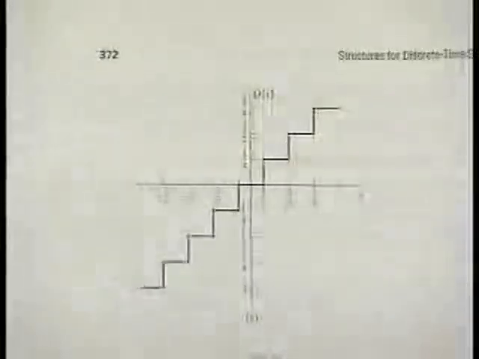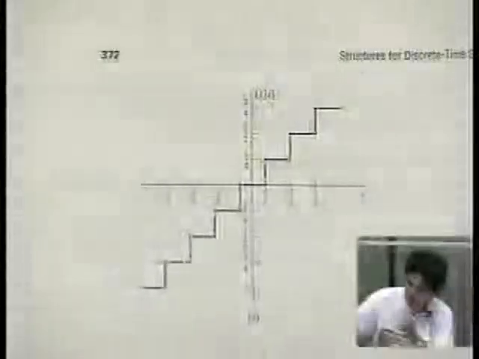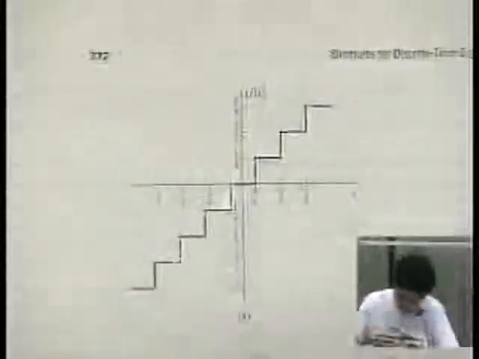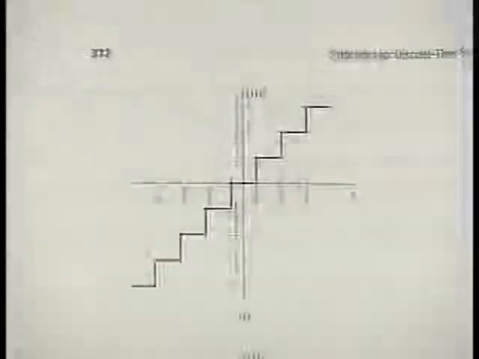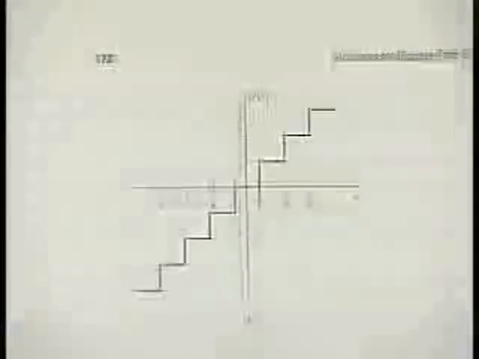That means you have b naught, which is the sign term, and then we have b1 and b2, just 2 bits to represent our numbers. So you have 4 positive and 4 negative ones, and these are shown here. And this is the input-output: on the x-axis is x, and on the y-axis is the quantized value of x.